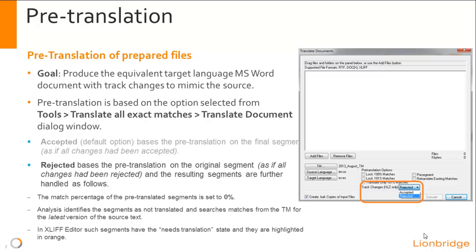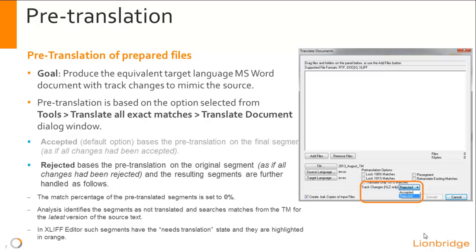From Translation Workspace Tools, click on the Translate All Exact Matches menu so that the Translate Document dialog opens. Here, you can select the Rejected option to leverage as much as possible for the old text in the document. The resulting segments are further handled as follows.